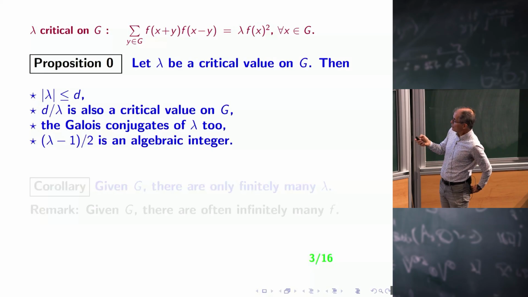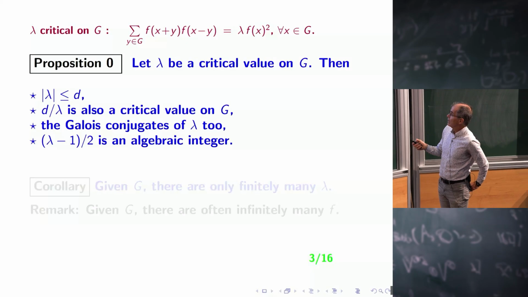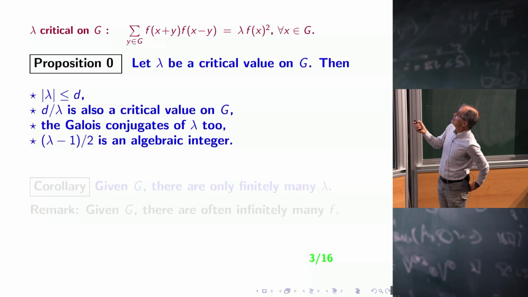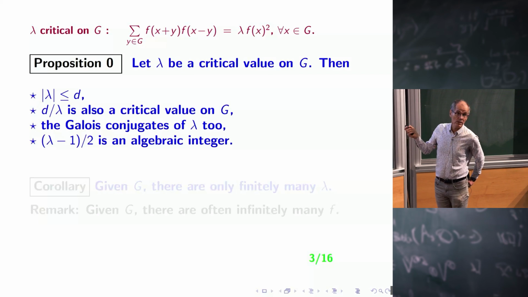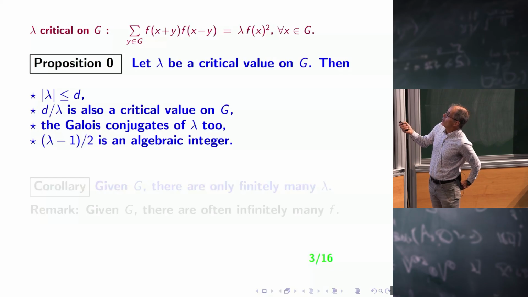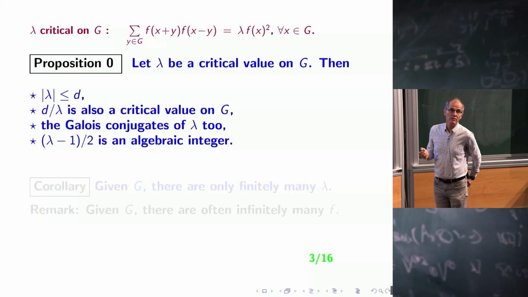So you do exactly the same proof as lambda bounded by d, but instead of plugging in the Archimedean norm, you take the ultrametric norm. And so you get that lambda has ultrametric absolute value bounded by 1 for every ultrametric absolute value.